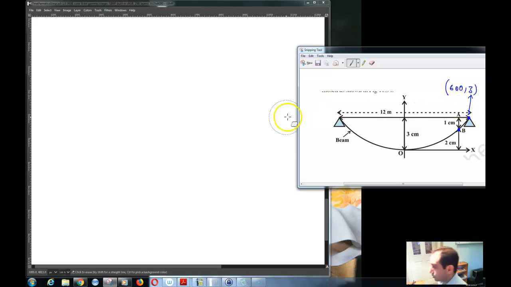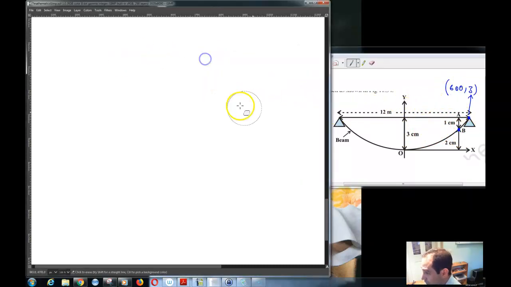Now I have taken everything in centimeters, of course, and the equation that I'm going to get is going to work for centimeters. You need to be aware of that fact.